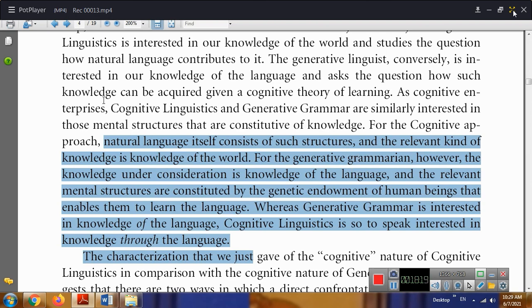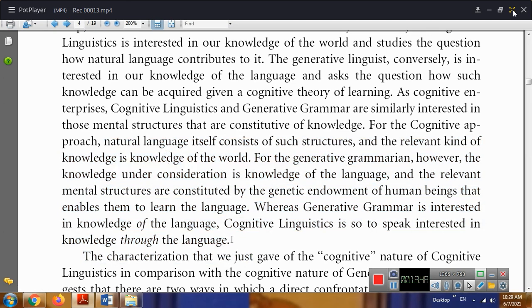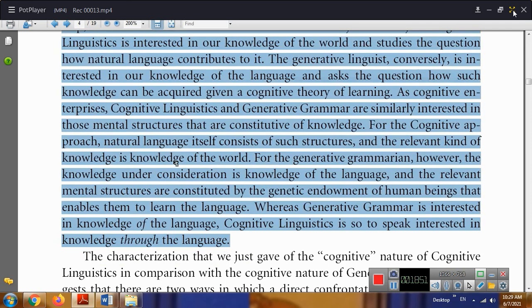But for the generative grammarian, the knowledge under consideration is knowledge of the language, and the relevant mental structures are constituted by the genetic endowment of human beings that enable them to learn the language. Whereas generative grammar is interested in knowledge of the language, cognitive linguistics is, so to speak, interested in the knowledge through the language. These differences between cognitive linguistics and generative grammar are important.